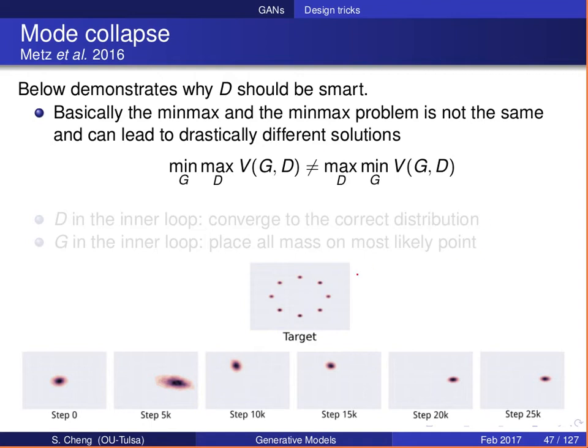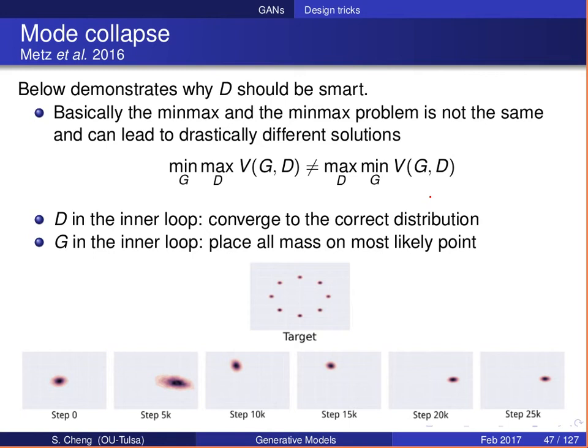In particular, for training this particular distribution, you want to train the model such that the model will have a distribution like this. This distribution has multiple modes, right? So it has 8 modes there. And in terms of whether you put the discriminator or generator in the inner loop, you have totally different results.